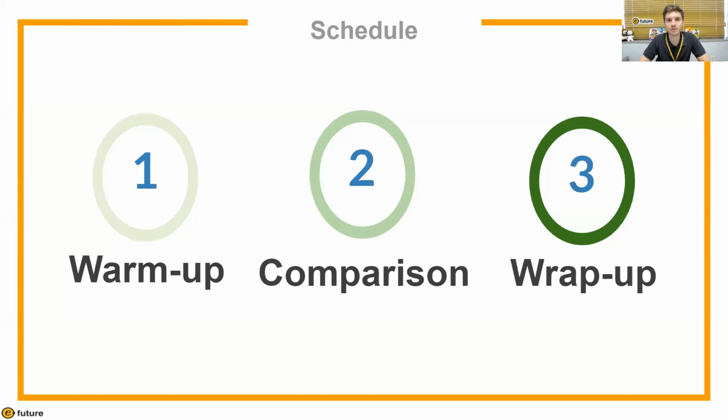So the schedule for today, it's going to be really simple. It's simple and straightforward. I want to keep it as simple as possible. So we're going to do a quick warm up, another comparison activity, because that is going to be the theme for today. And then two, comparison. We're actually going to compare two different series, okay?